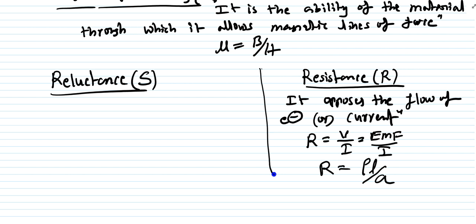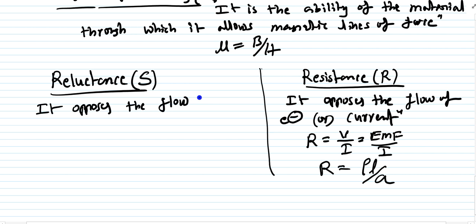When we come to the magnetic circuit, what is reluctance? It is the property of the material that opposes the flow of magnetic flux.